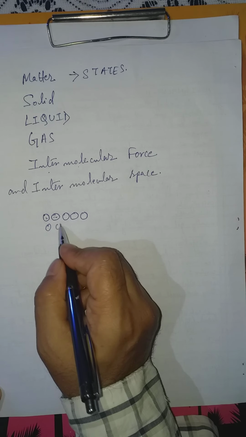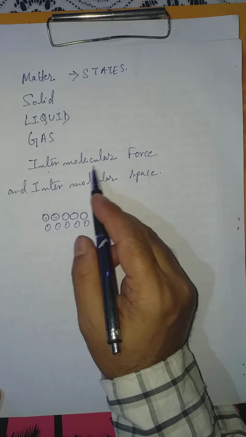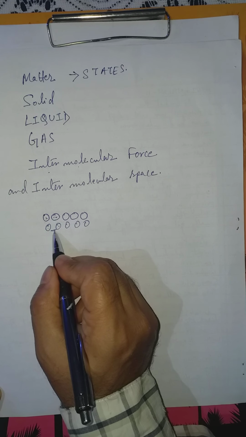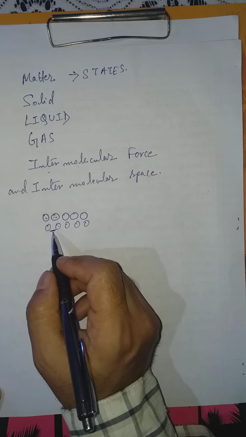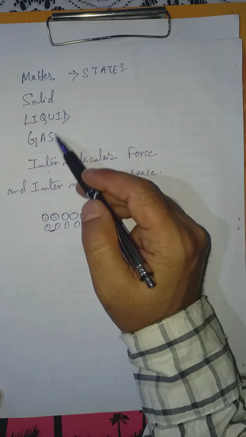The attraction between the molecules is called the intermolecular force, and the space between these two molecules is called intermolecular space. So my dear children, because of these two factors we have solid, liquid and gas.